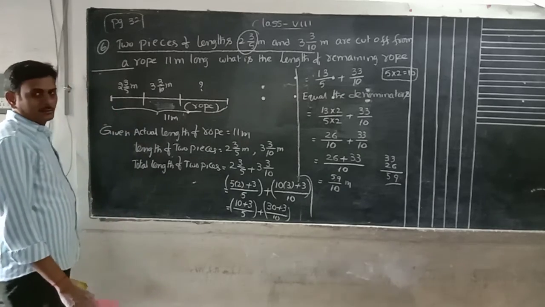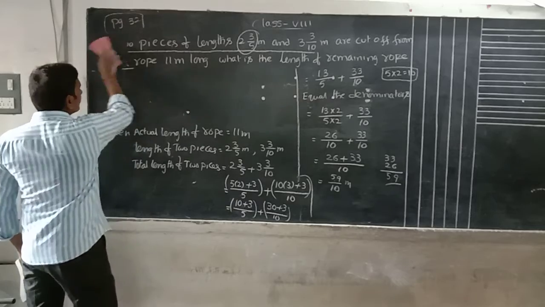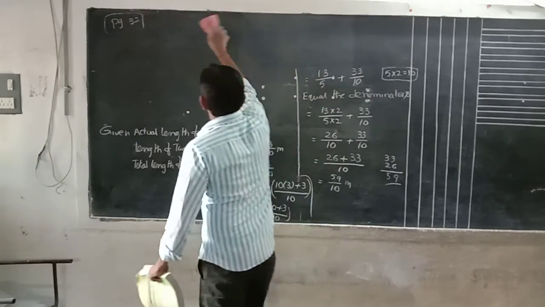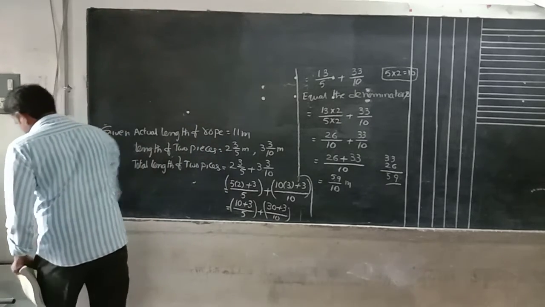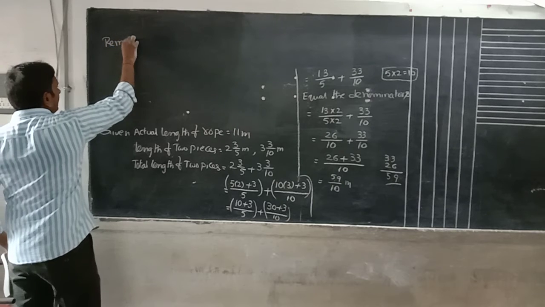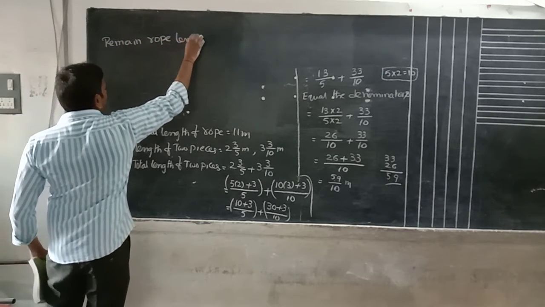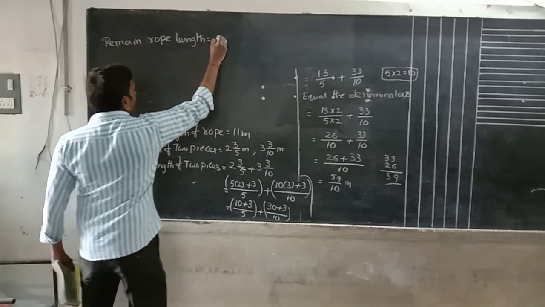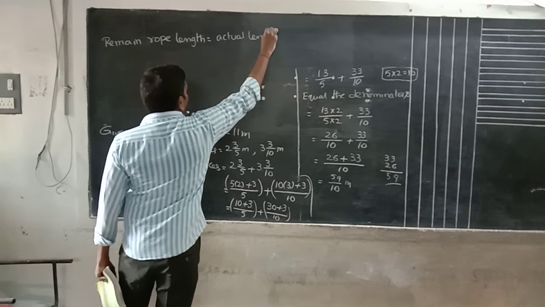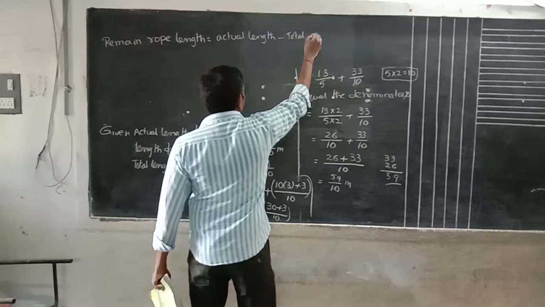Remaining rope length equals actual length minus total length of two pieces.